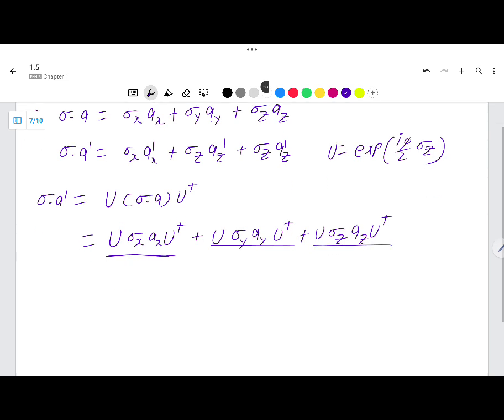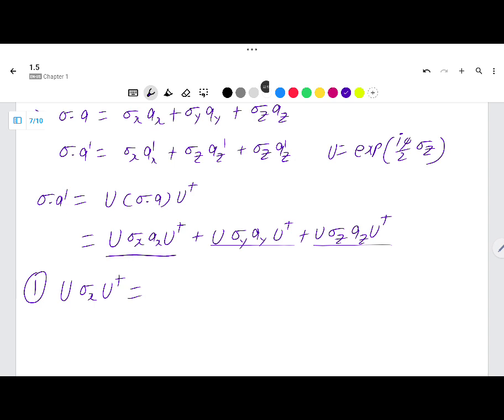Okay, fine. So how do we find these terms? First let us try to see U sigma x U dagger.